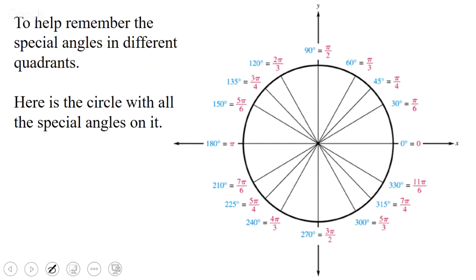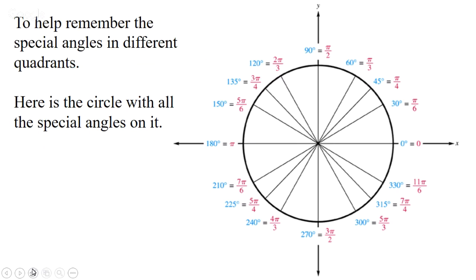So you have them in degrees, and most people in the beginning understand how to find degrees and which quadrant they're in, easy enough. It's the radian measure that a lot of people have difficulty with because it's new. So I want to help you figure out where each angle is on this circle without a lot of thinking.